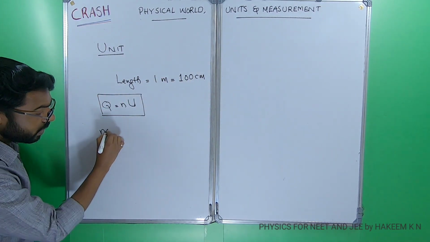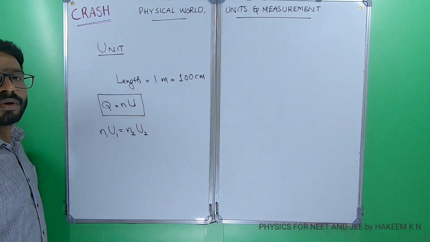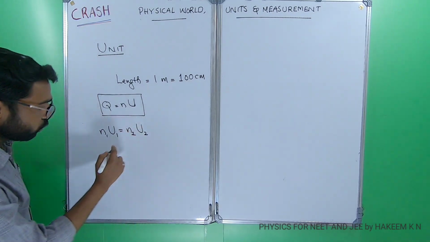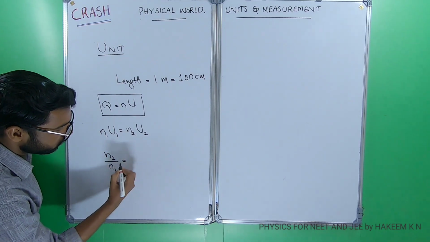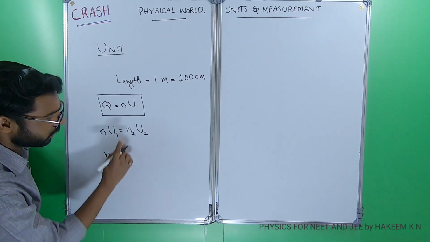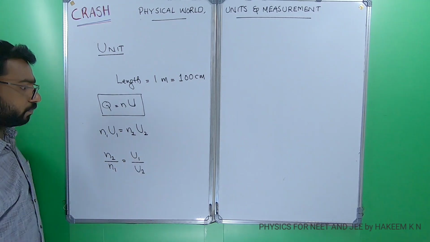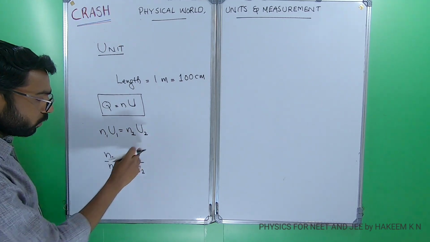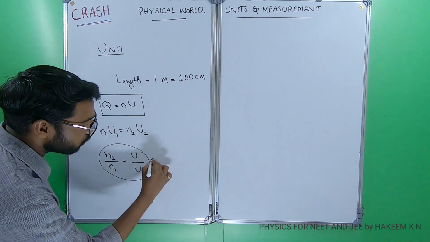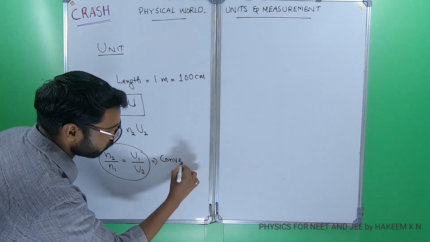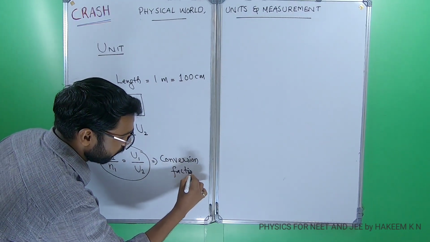Like that we can say n1 u1 equal to n2 u2, or n2 by n1 equal to u1 by u2. This is called a conversion factor.